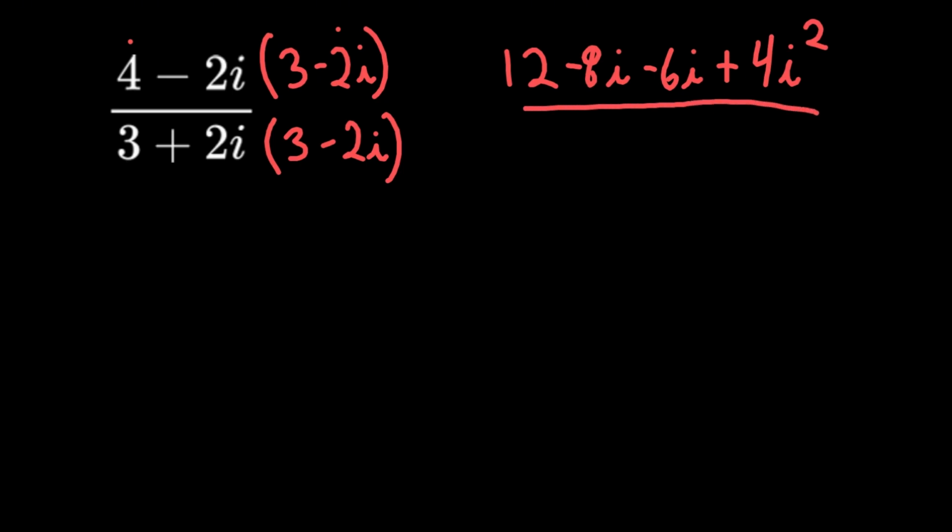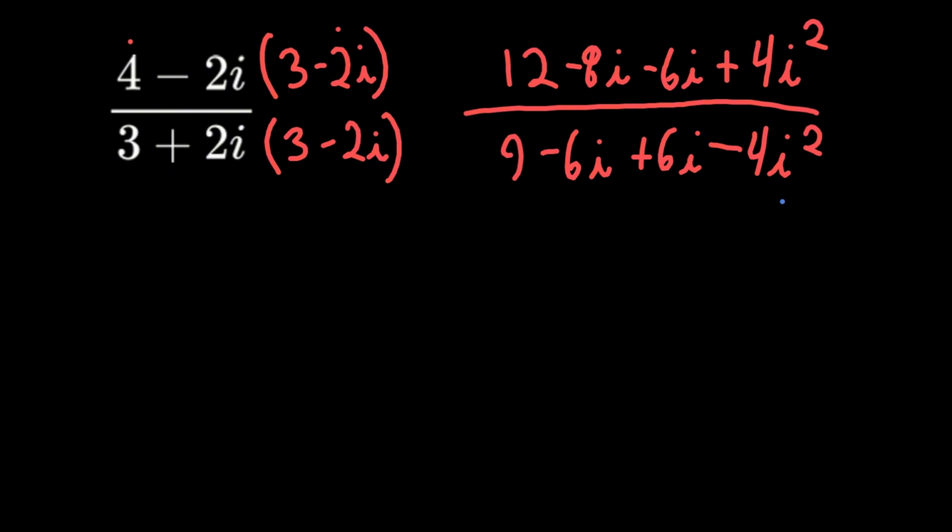Now, all of that is over 3 times 3, and when we FOIL, 3 times negative 2i, which is negative 6i. 2i times 3, which is plus 6i. Do you see that? Two things right there that'll cancel out. 2i times negative 2i, so that'll be negative 4i squared.